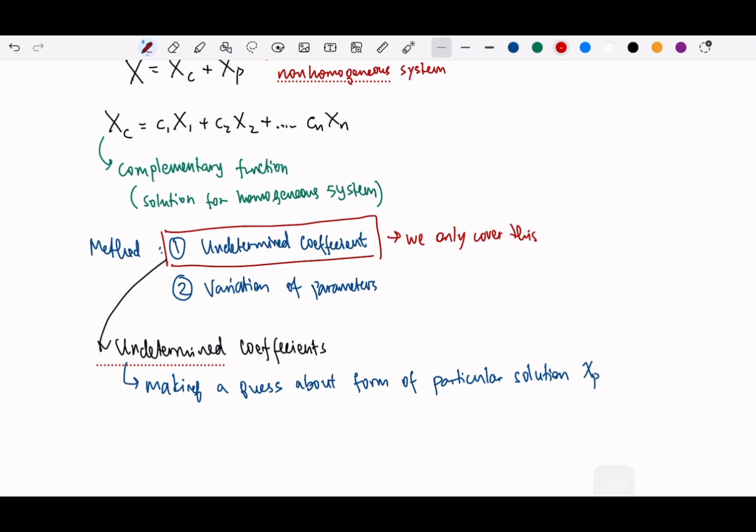And how can we guess? The guess can be based on the type of functions in the column f of t.